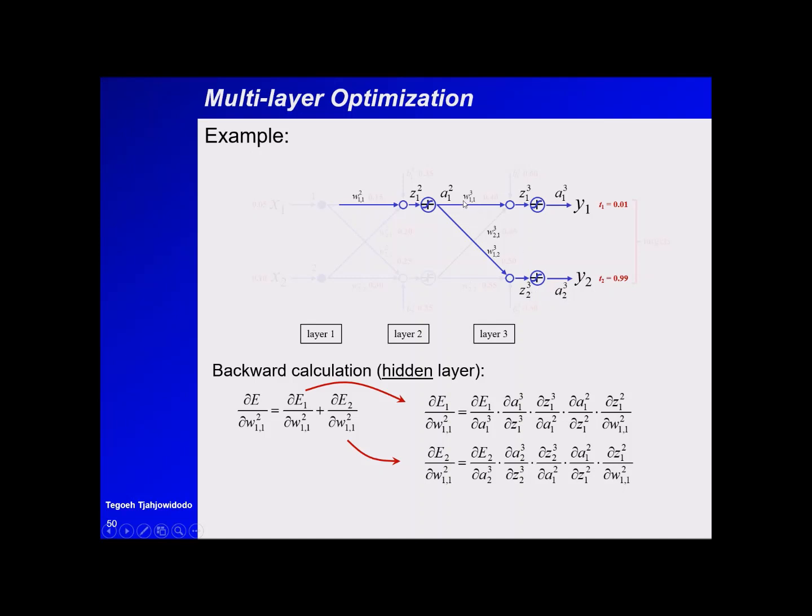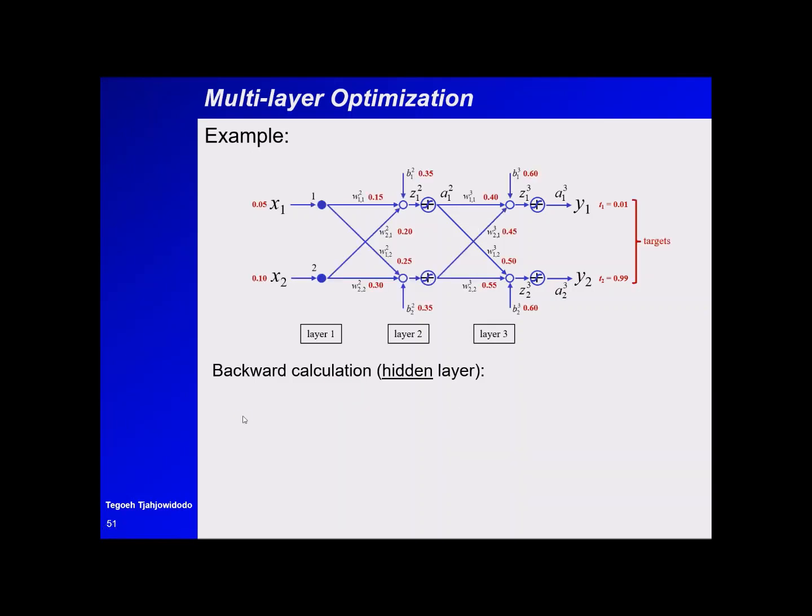Z23 is a function of A12. A12 is a function of Z12. Z12 is a function of W112. So you can also calculate all of them. You calculate each of them, you sum these two, and then you will get the updating factor for W112.